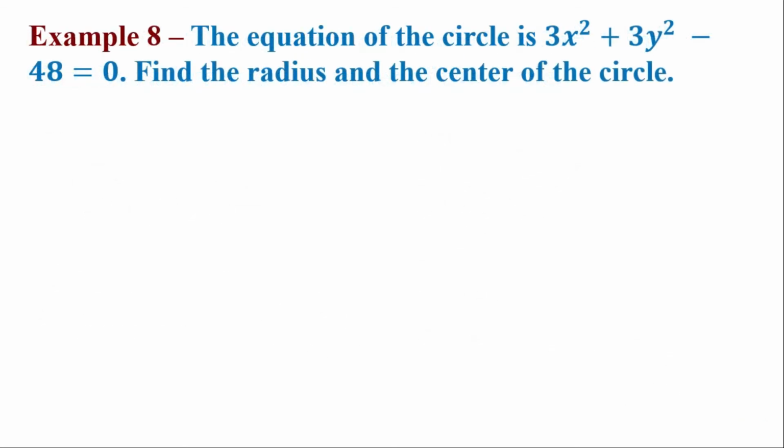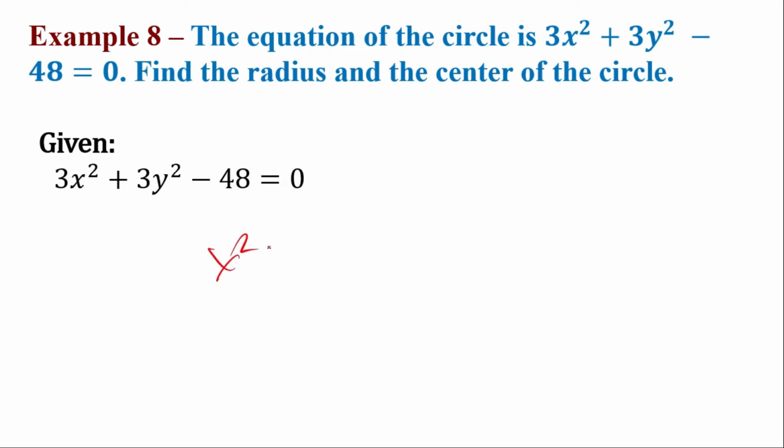Let's try another one. This equation is not in the form of x squared plus y squared is equal to r squared. The very first thing that we need to do is to add 48 on both sides to cancel this out and to have our 48 on the other side. In other words, you transpose it.